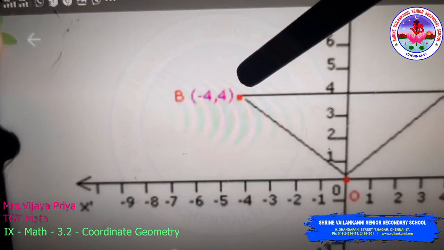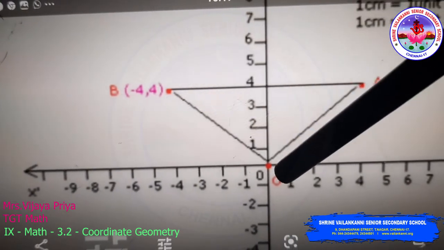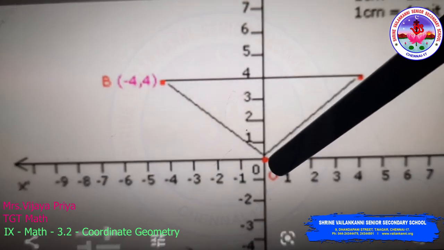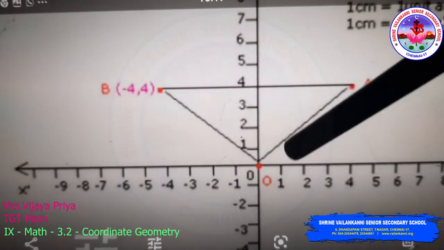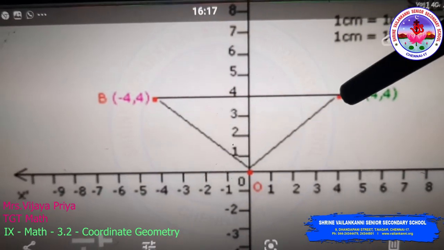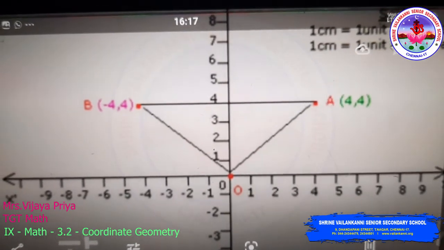Now I am going to join OA, OB, where O is the origin, that is (0, 0). So I am just joining my OA, OB and BA. So thus the figure obtained will be the triangle.